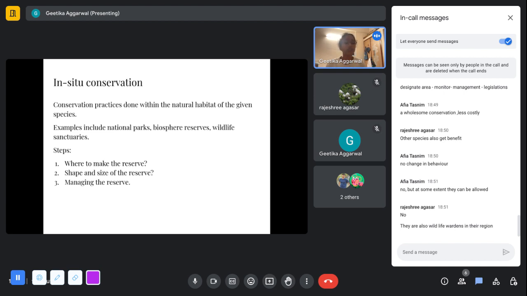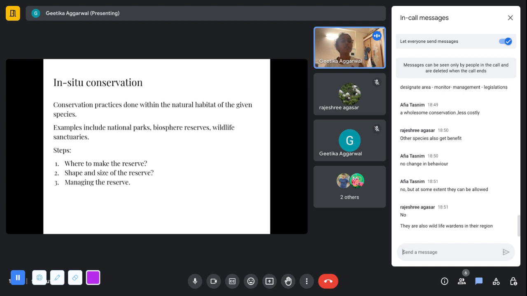Mostly what you will notice is that these tribes have small rituals where they take permission from, say, the local gods or the forest deities that they believe in. They have a specific time period in which they ask these forest deities whether they can take a particular forest resource or not, whether they can cut that tree or not, whether they can take down those bee nests for honey or not.